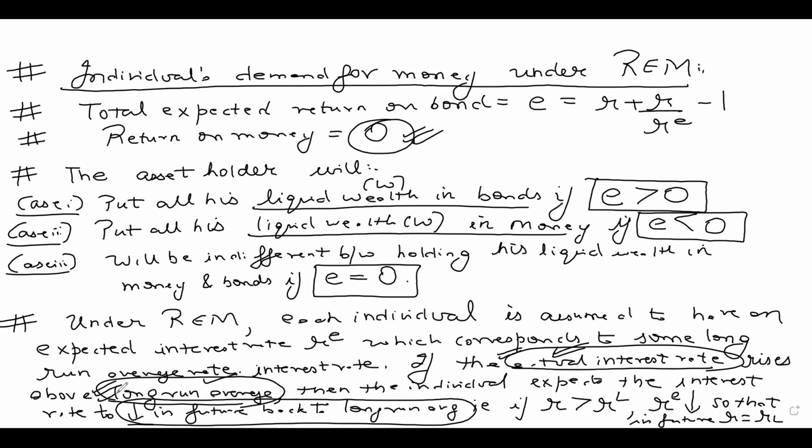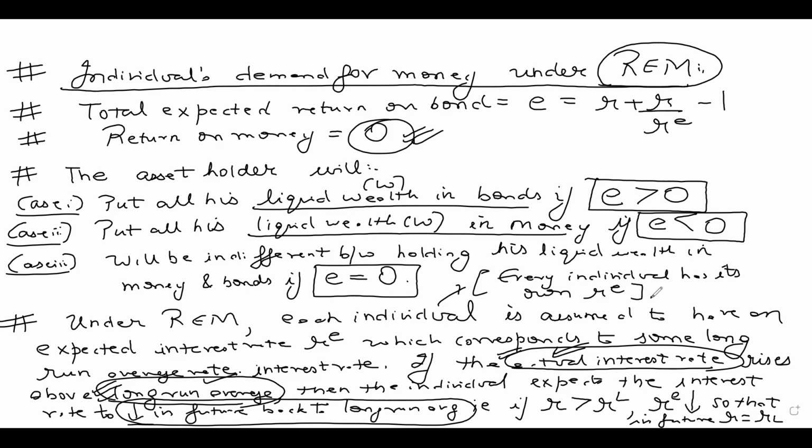Okay, so that is why we have the regressive expectation model, because in this model, every individual is going to have its own RE value. So I can write it here. Every individual has its own expected interest rate RE.